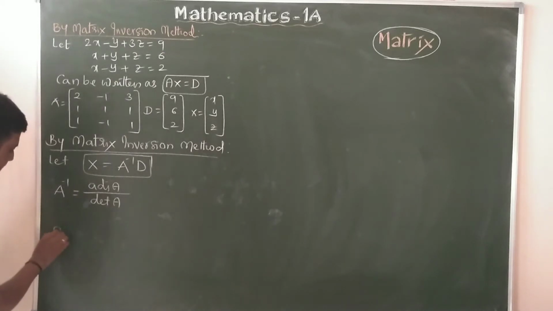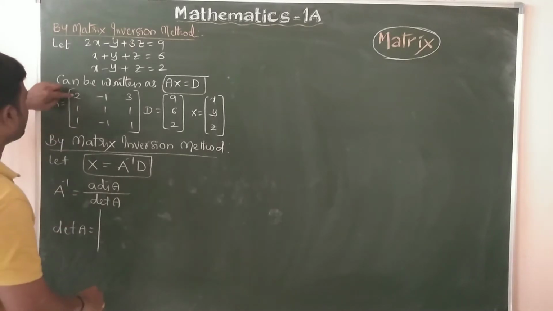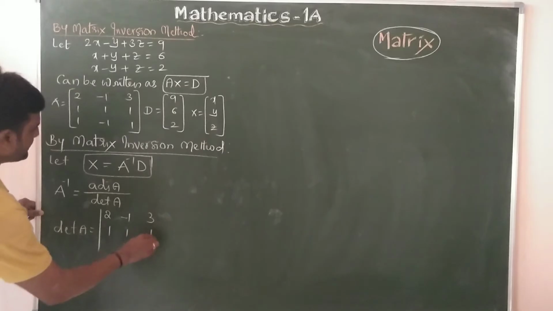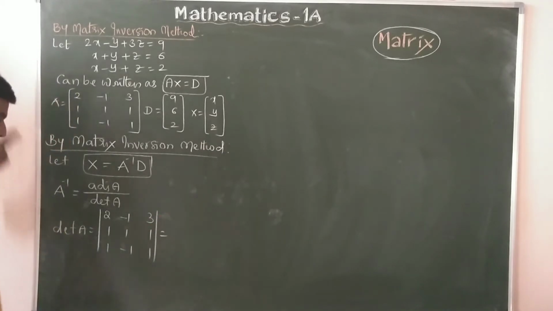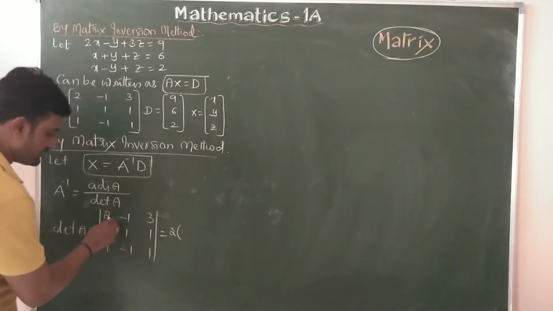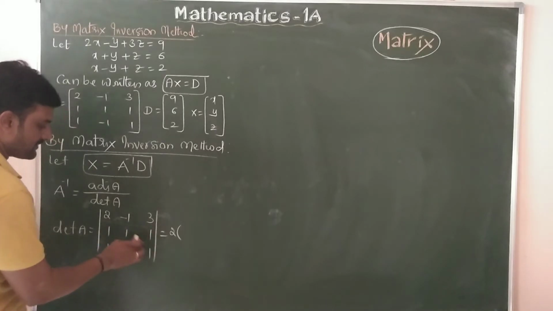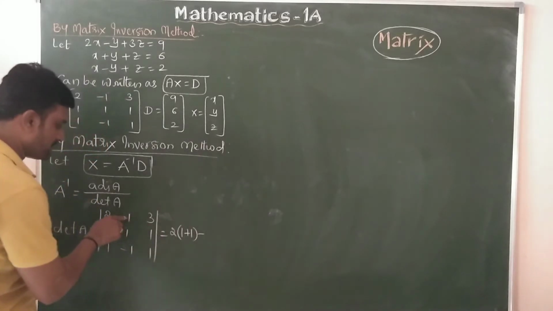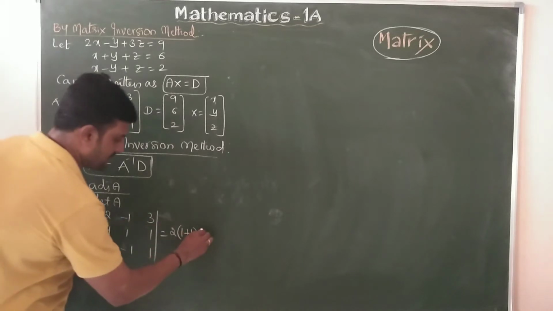Then first of all determinant A, det A equals the determinant of 2 minus 1 3, 1 1 1, 1 minus 1 1. Then that equals 2 into its cofactor, deleting the row and column, determinant of 1 1, minus 1 1, which is 1 plus 1. Now here applying plus, already here minus, so minus of minus 1, here plus 1.